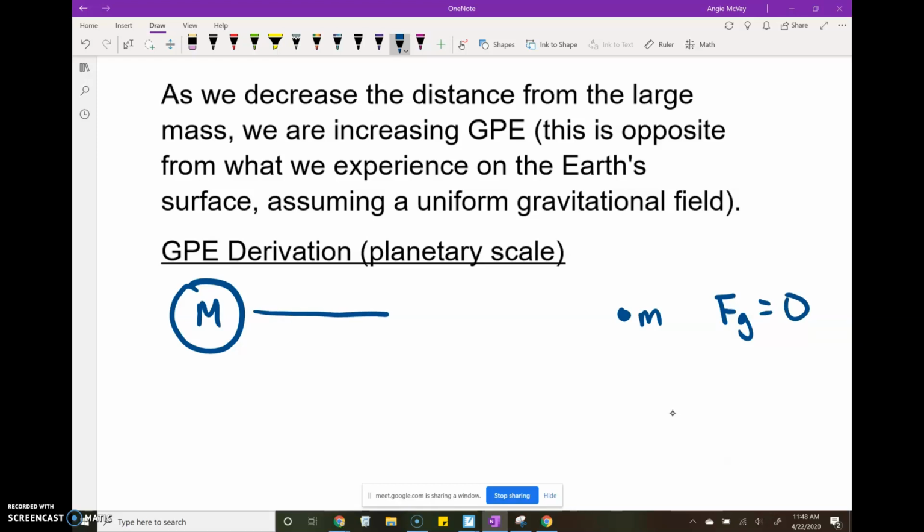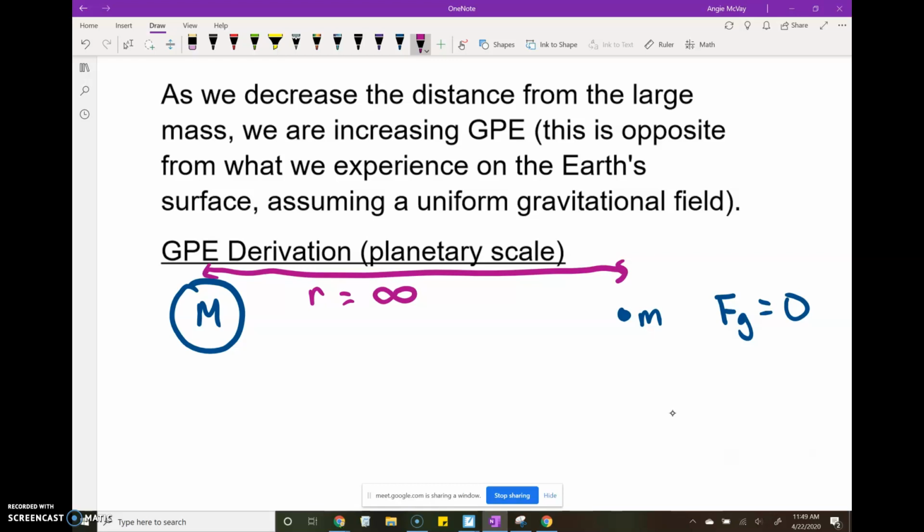And I'm going to erase this because I want that distance to be clearly indicated from center to center. For gravitational force to be effectively zero, we're going to call the distance from center to center infinity.